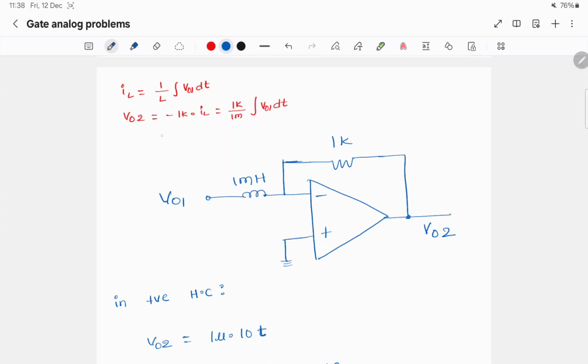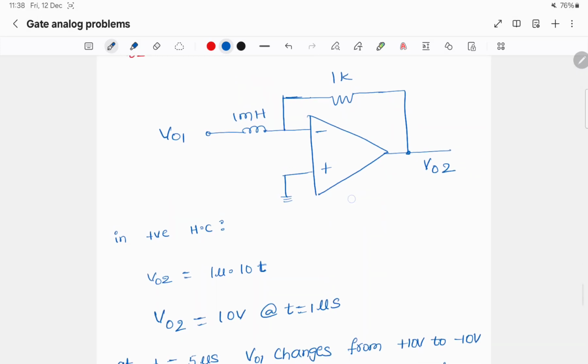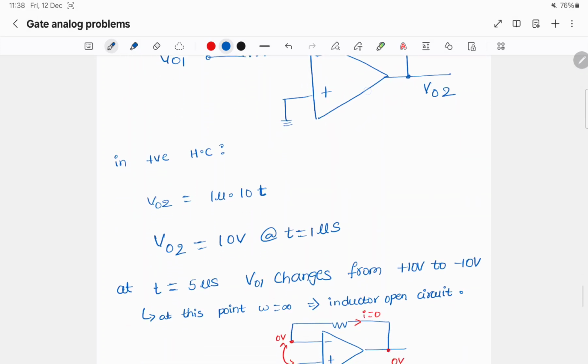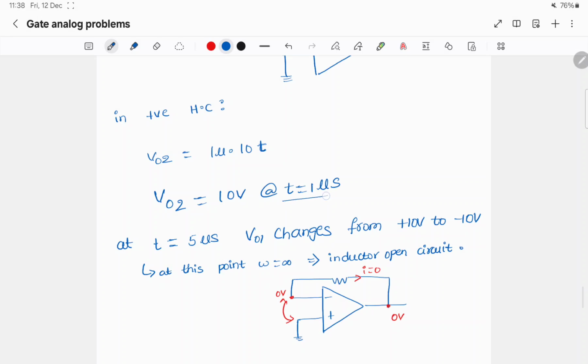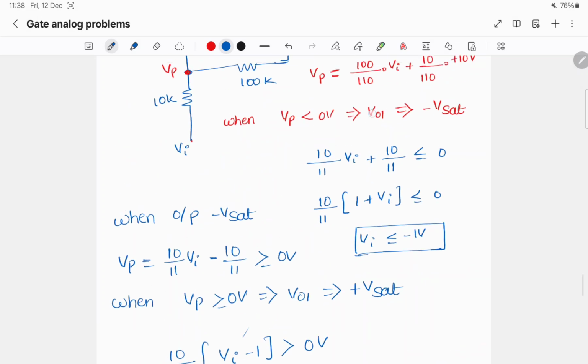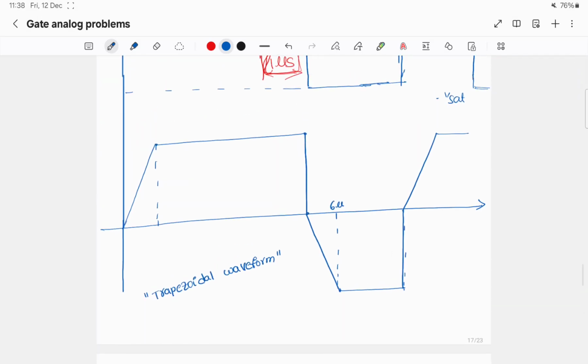We can see that VO2 is 1k by 1 milli into integral VO1 dt, that is nothing but 1 micro into 10t. At t equals 1 microsecond, the output VO2 will reach 10 volts.